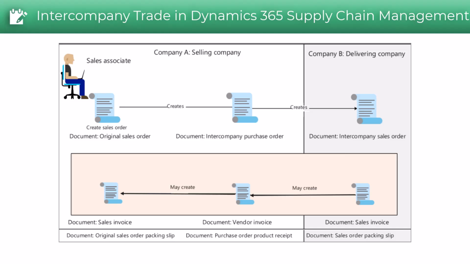In the third step, what happens? The delivering company ships. Company B, the delivering company, processes the intercompany sales order and ships the goods. Let me give an example here as well for your understanding.